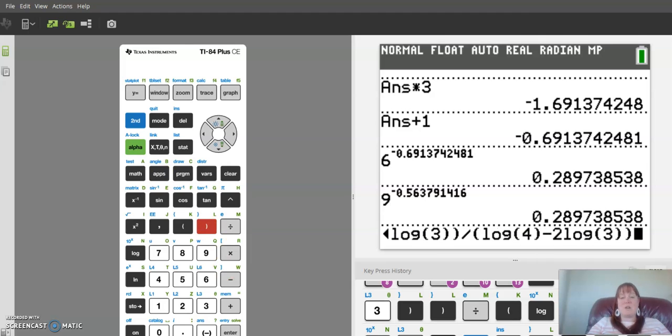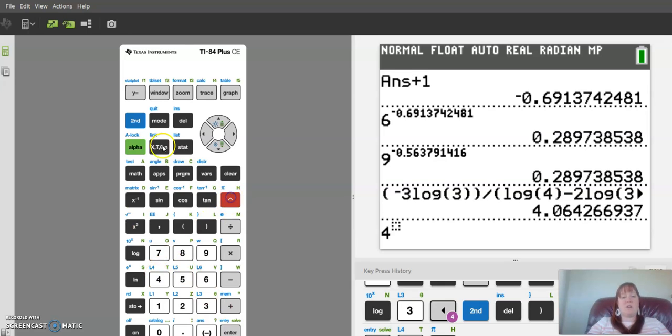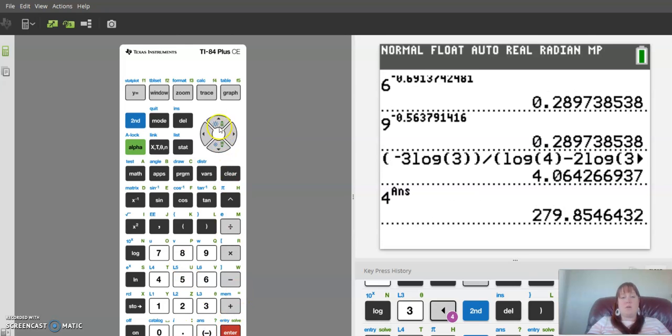All right, so we close our parentheses there, and we get 4.064 and some change. Okay, so again, we could check this. We could say, what is 4 to this power? Okay, so it's that 279 on the one side. Now let's see if that works for the other side.